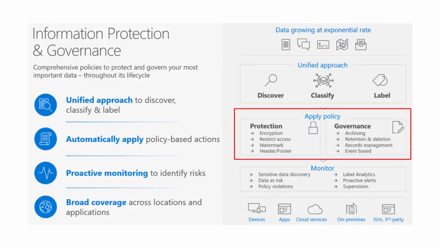This is Microsoft's approach for information protection and governance. We have the unified approach to help discover, classify, and label information. We can then apply automatically policy-based actions, proactive monitoring to help us identify risks, policy violations, label analytics. And once you've applied the label, that information is then protected on devices, in apps, cloud services, on-premise, and third-party applications.